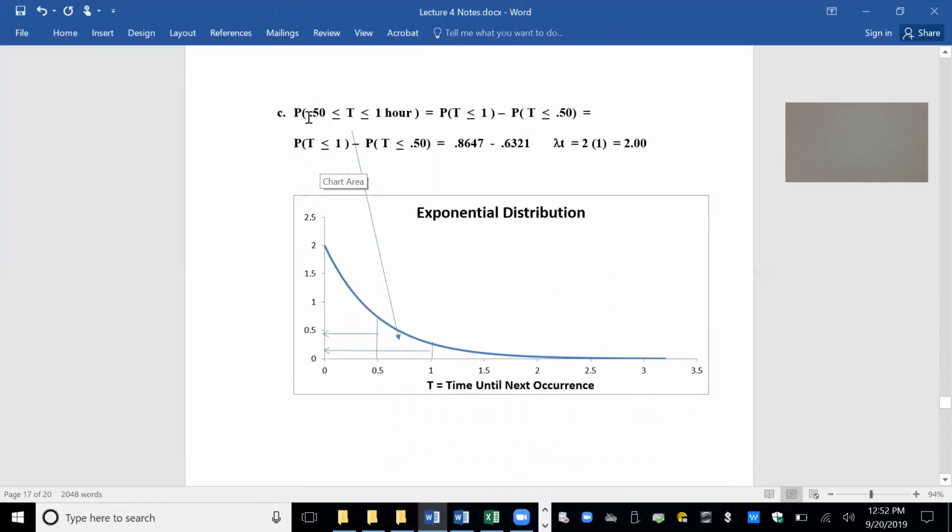Ranges. What's the probability that the next trouble call will come in between half an hour from now and an hour from now? So into the hat, I put all the times that are an hour or less. And then from the hat, I remove everything less than or equal to 0.49?